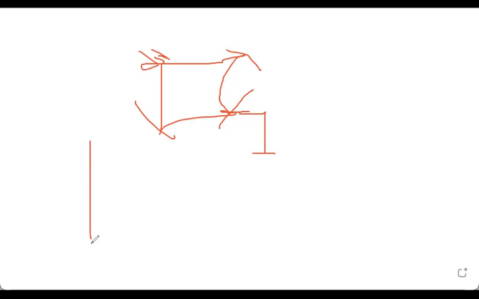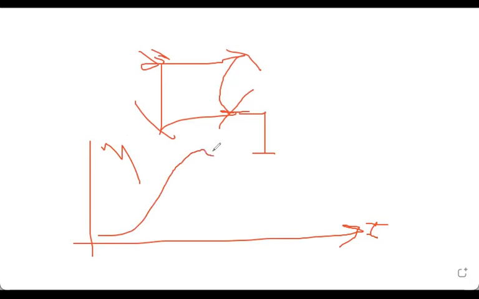when you plot the efficiency of your solar cell against the intensity, this is the intensity, and here let's put the efficiency. You will find a curve like that. And this point is very famous in solar cells.